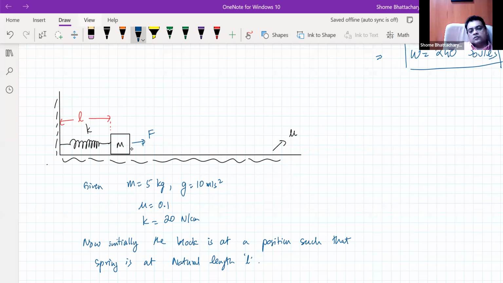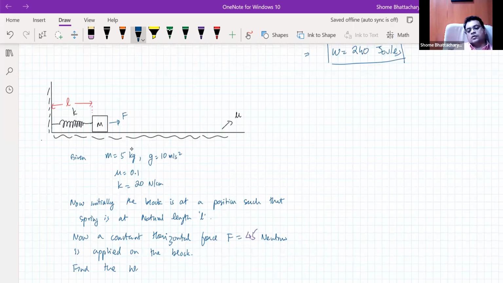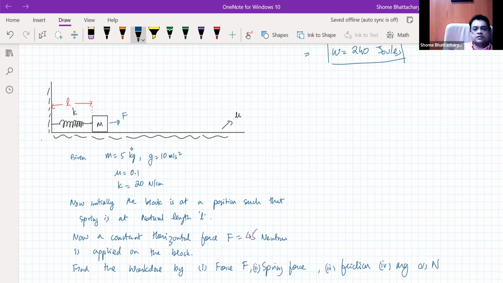The forces acting are the spring force, friction, gravitational force and normal reaction. We want to find the work done by each of these.